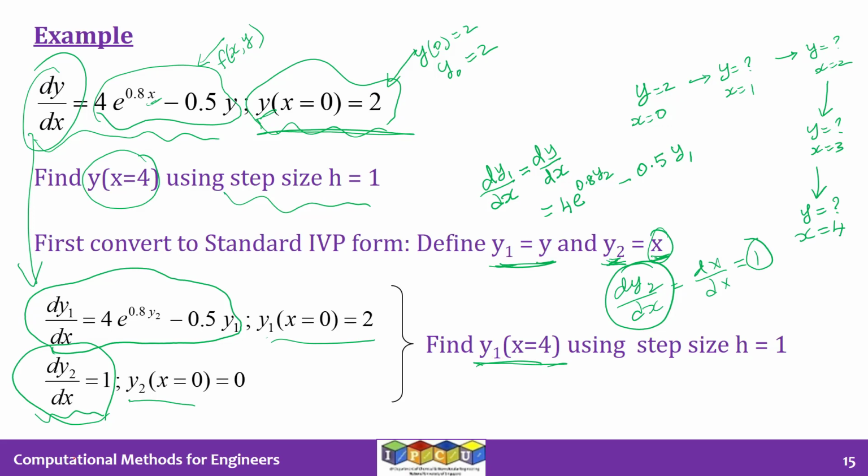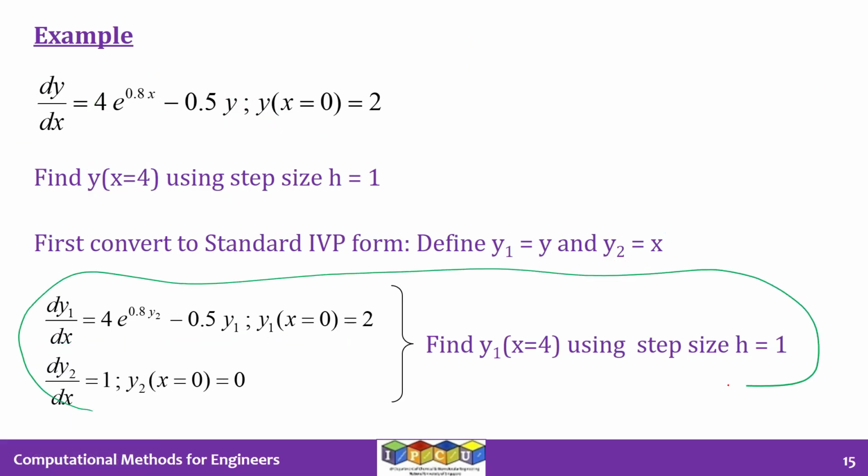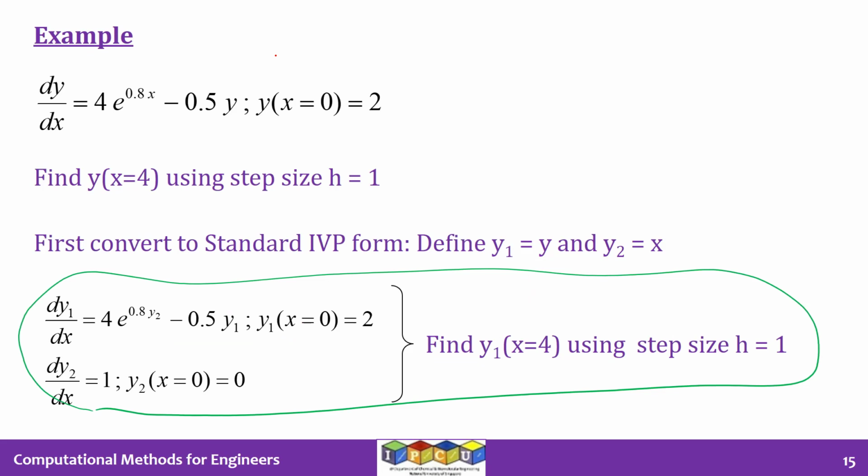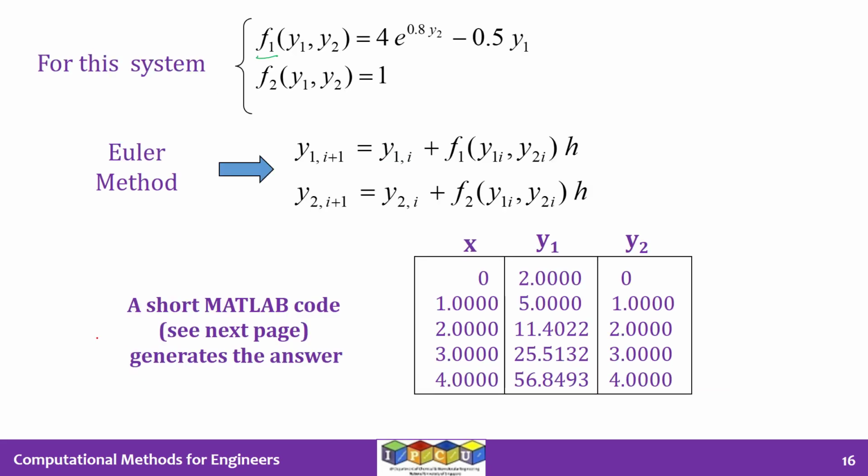So what you see at the bottom is the new problem that we would solve, because this is in standard form. We are going to use the Euler scheme. So we know that f1, the function on the right hand side of the first equation, dy1 by dx, is going to be a function of y1 and y2, and the specific form is this.